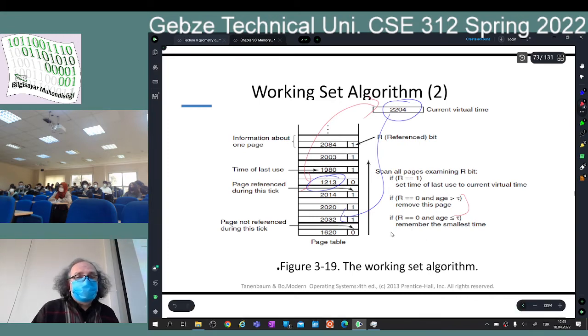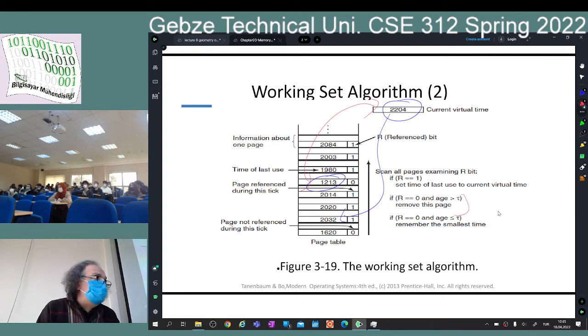You will have to remove the page that is the oldest, even though its age is smaller than this threshold value. So that means what? You are removing one page from your working set, and that's a very, very bad thing. Why? Because if you remove a page from your working set, that means that you are going to cause thrashing.